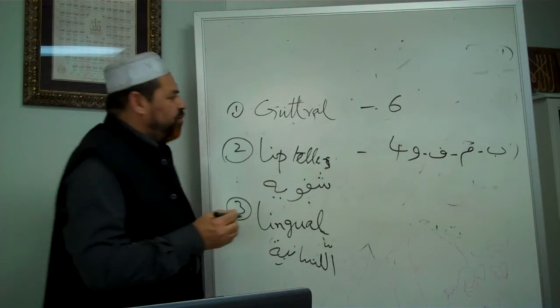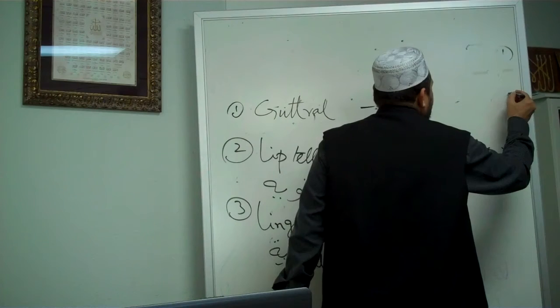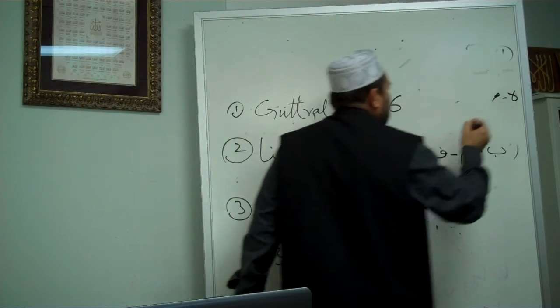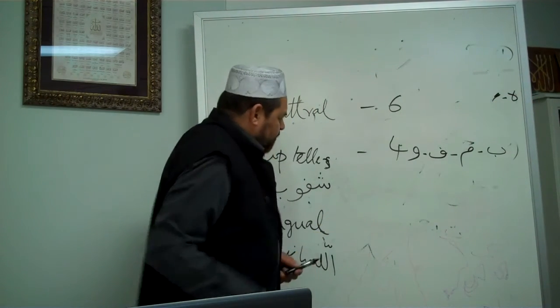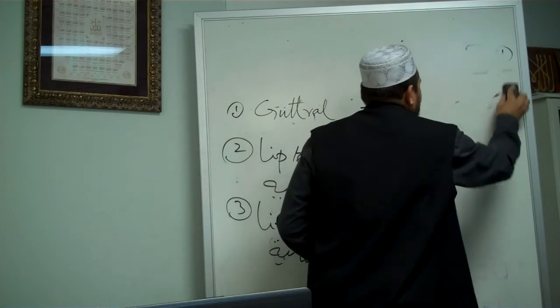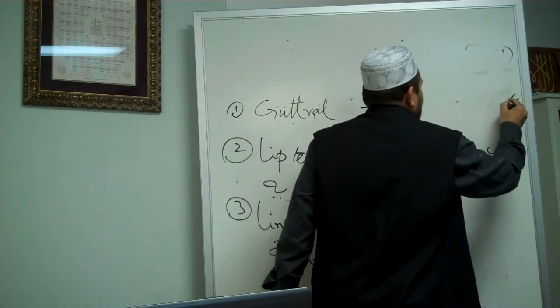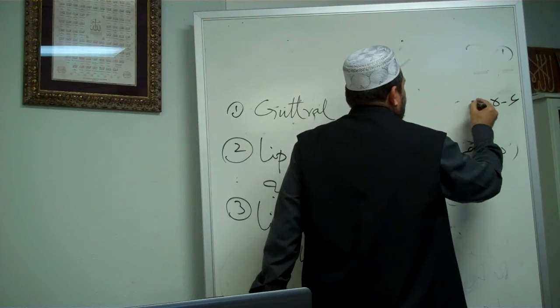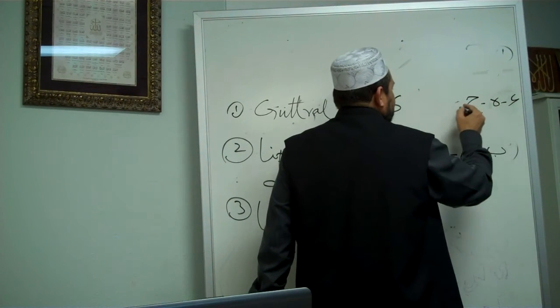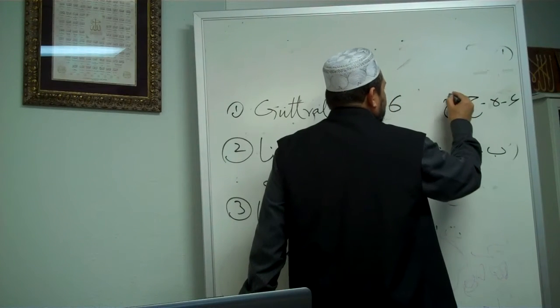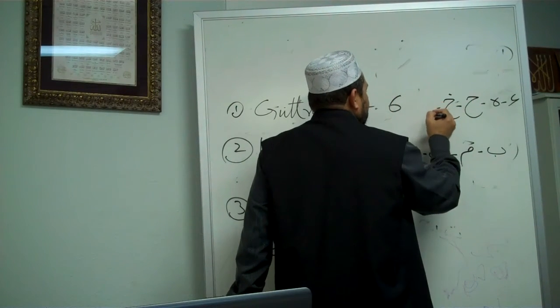Okay, the 6 guttural letters, what are they? Let me put hamza first. Hamza and then ha. Then the letter that we are discussing today, ha and kha, both guttural letters.